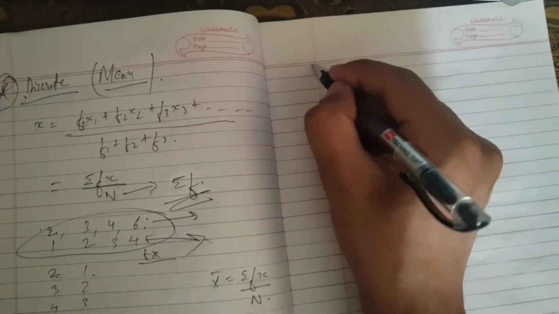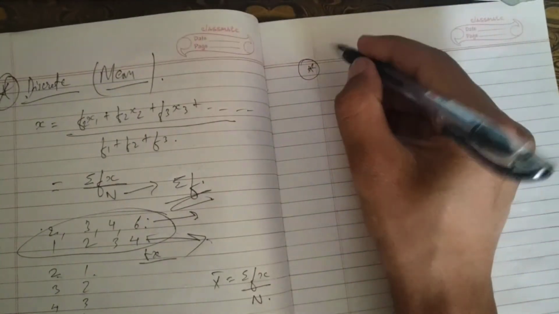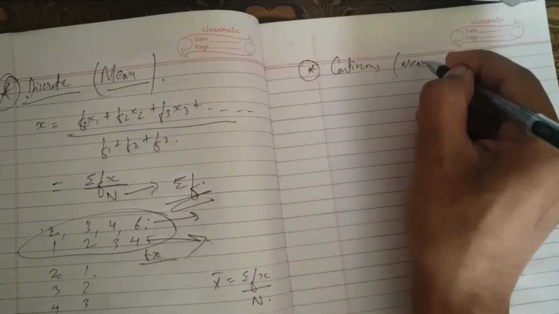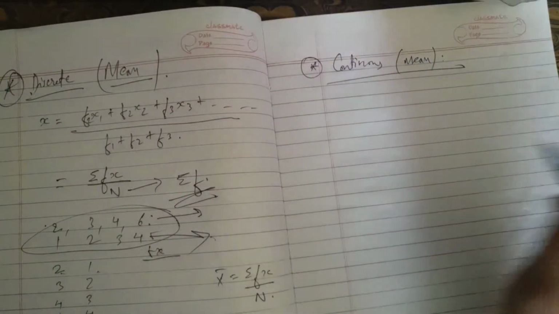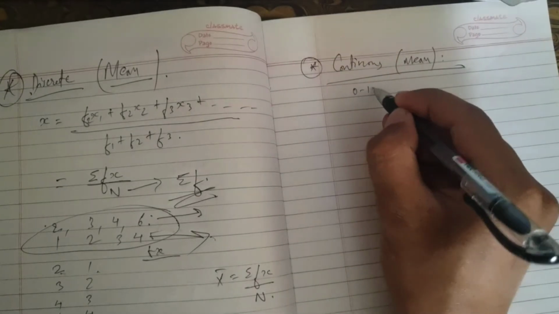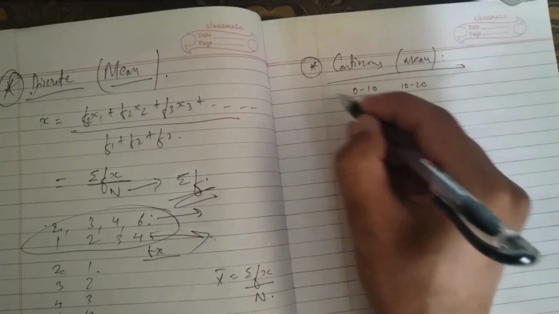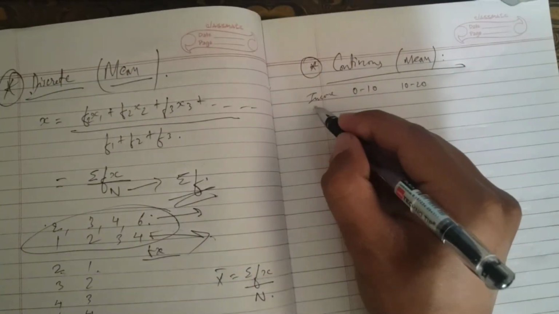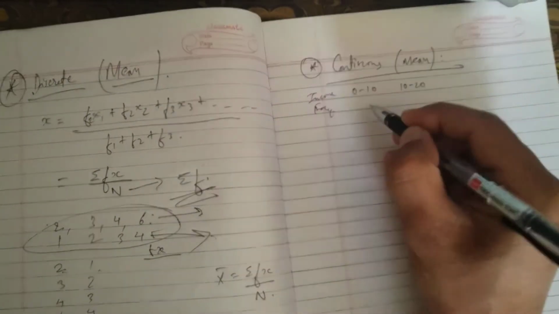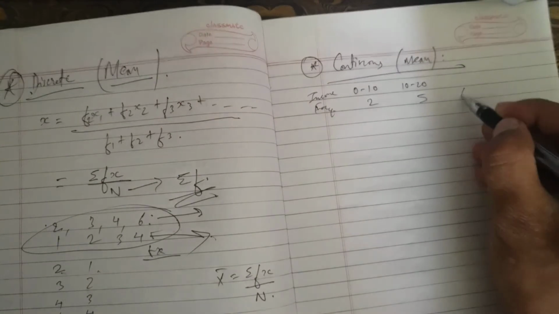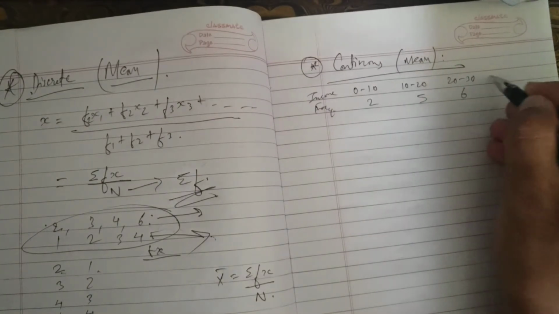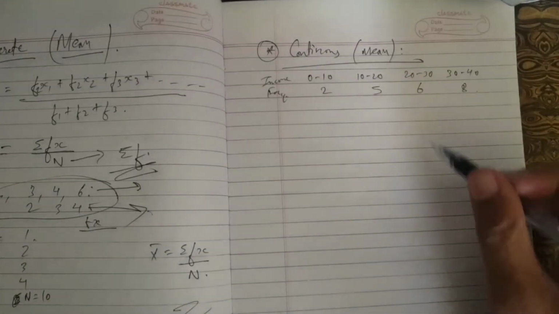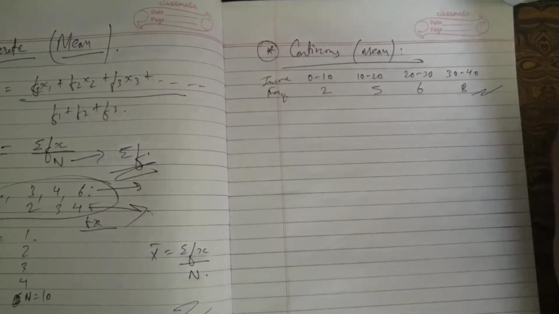So when we are talking about continuous, in case of mean, the first thing we need to know is that continuous is in this form, right?